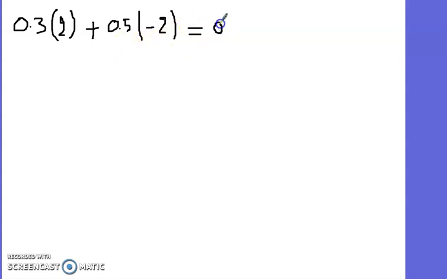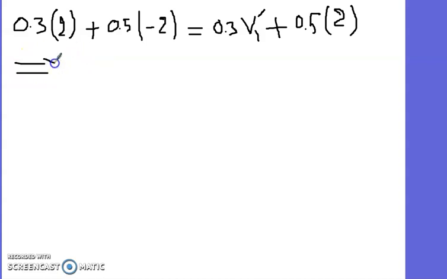So here 0.3, while V1 prime is unknown. We need to calculate it. Plus 0.5, and it rebounds, as he said, with 2, a positive number. Remember? So let's do the calculation.